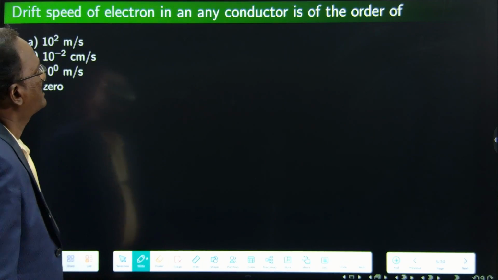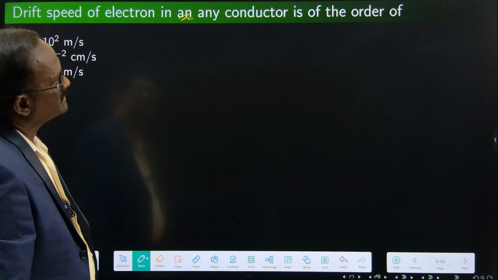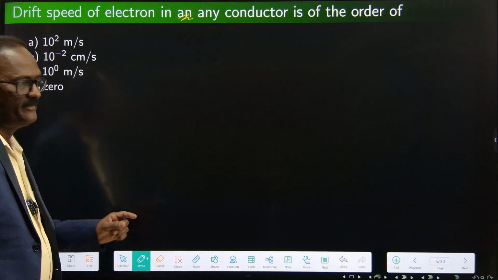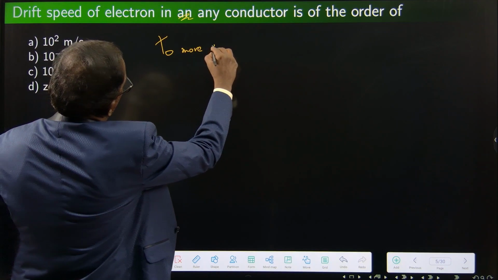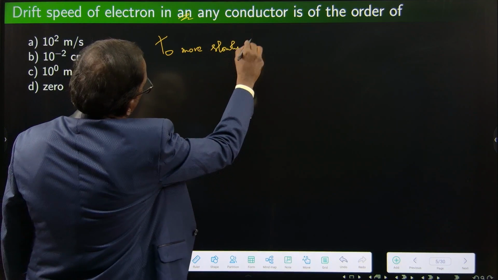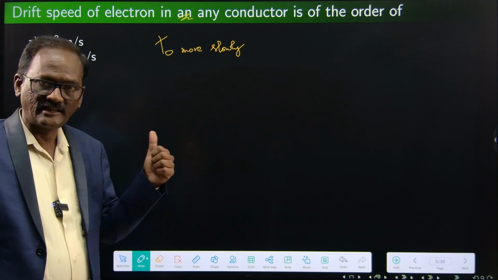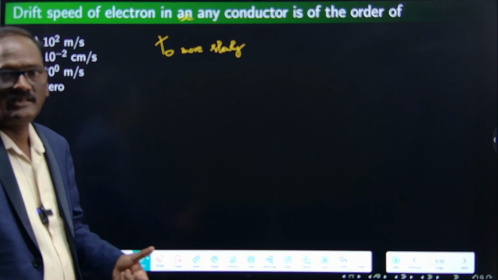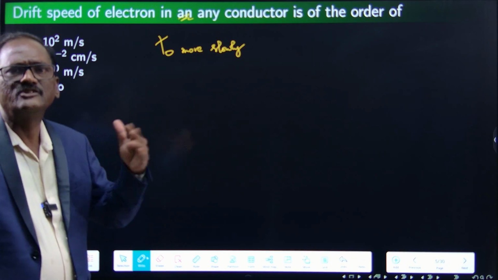The drift speed of electron in any conductor is of the order of... Drift means to move slowly. This is the definition for drift. If you take the dictionary, you can see the meaning: to move slowly under the aid of external force. It can't move on its own.